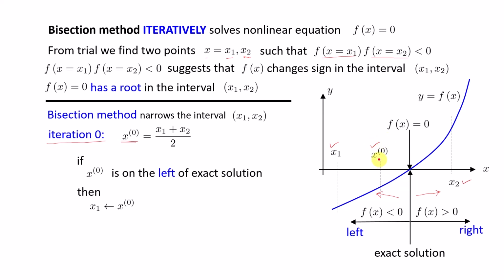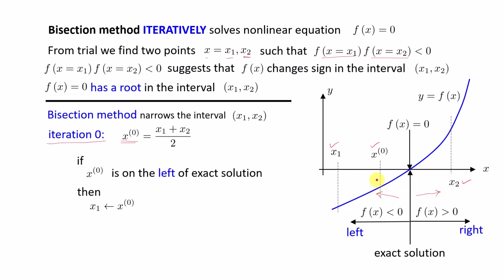Now for this 0th iteration of x, we check whether it is on the left side or on the right side. If it is on the left side, then x1 is not needed anymore. We now know that the root will be between x0 and x2, so I set x0 as my new x1.